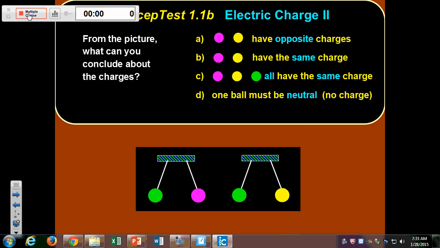From this picture, what can you conclude about the charges? And also in this picture, these are two isolated incidents, so these two situations are separate. So what can you say about these charges?